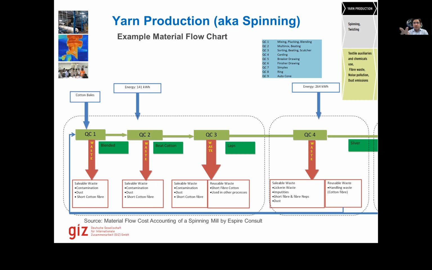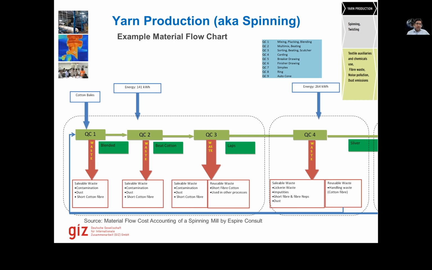If we have, for example, a blend of 80% cotton and 20% synthetic, this is where we start the blending process. So we add that material here. The blending can also be done afterwards when we're producing yarn, but with different processes for that.